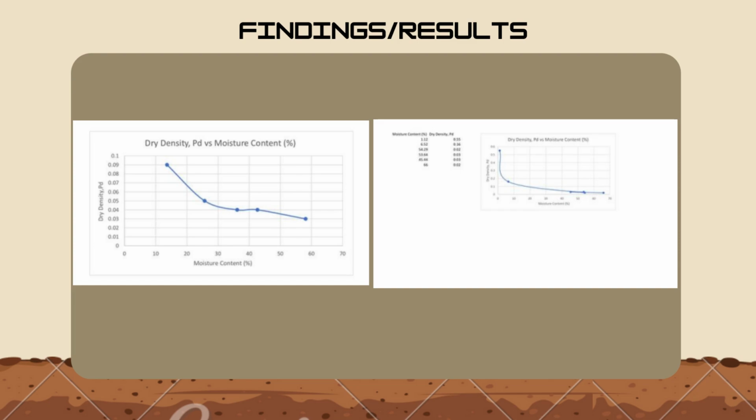As the moisture content increases further toward 58%, the dry density steadily decreases to 0.03 megagram per cubic meter. This reduction in dry density happened because rice bran is much lighter than soil particles, which increases the optimum moisture content needed for compaction.